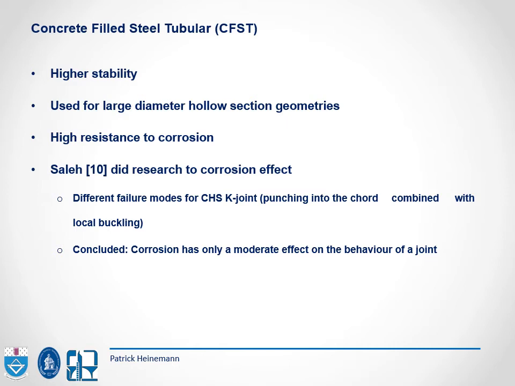It has high resistance to corrosion and to fire. And Sale observed different failure modes for the circular hollow section K-joint, for example punching into the cord or local buckling. He concluded that the corrosion has only a moderate effect on the behavior of the joint.